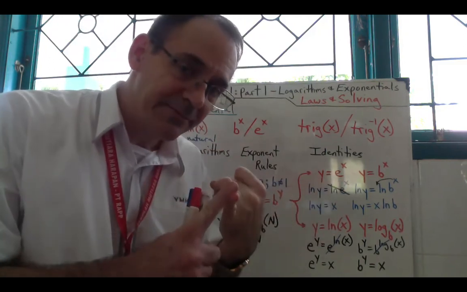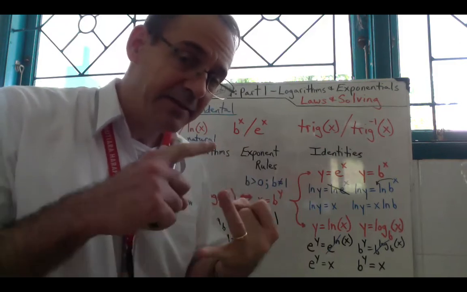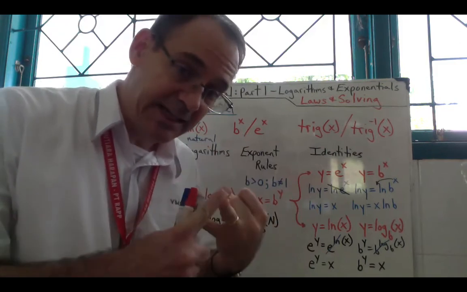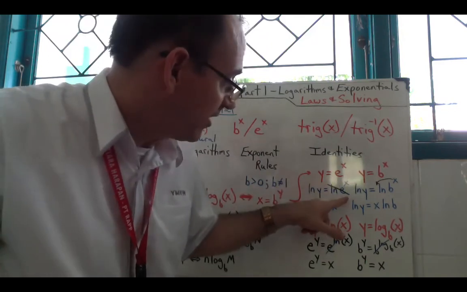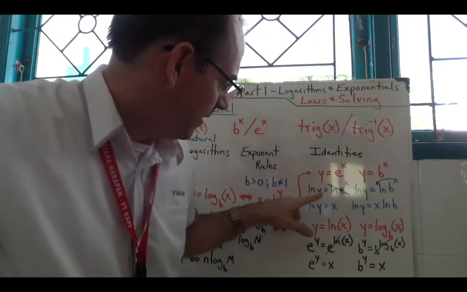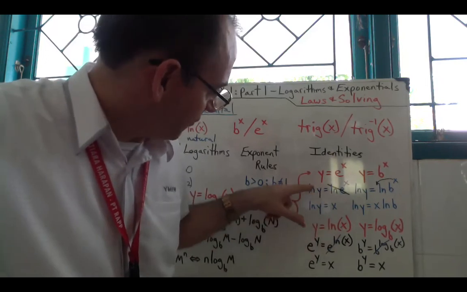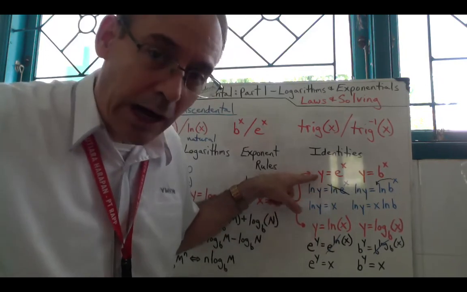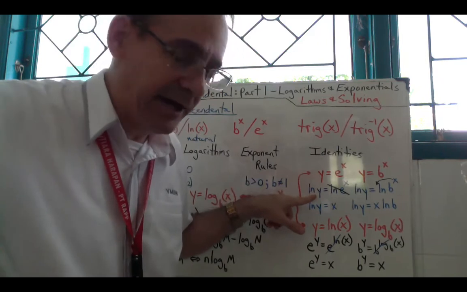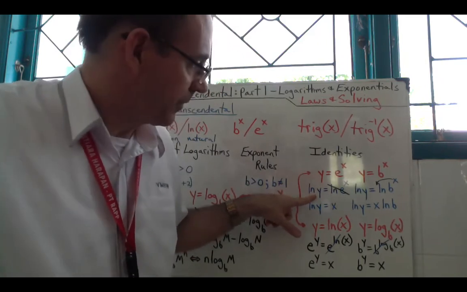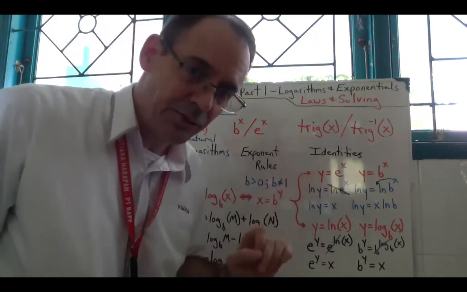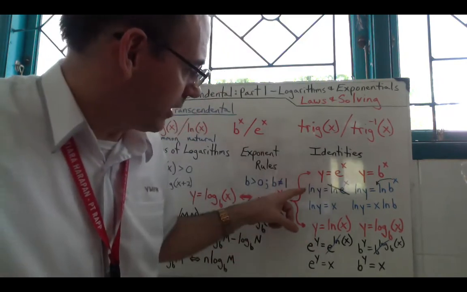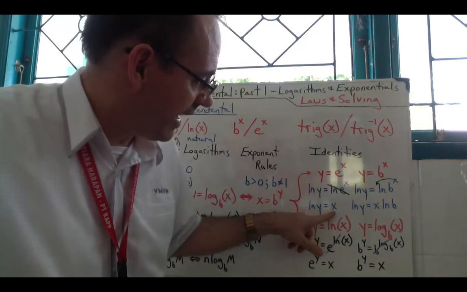Well, the base of ln is e, and the base of the exponential is e. So if those bases are the same, it cancels. Over here, the base was y, and the base of ln is e. They don't cancel. Here the base is e and the exponential base is e. They do cancel. And so we end up with ln y equals x.